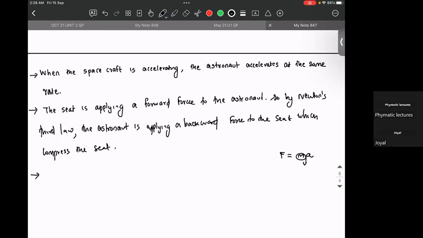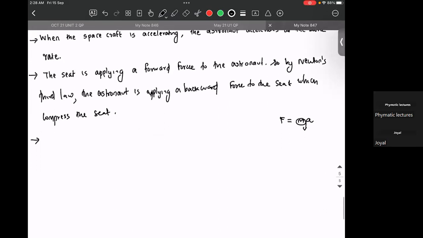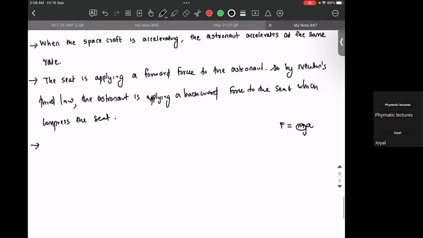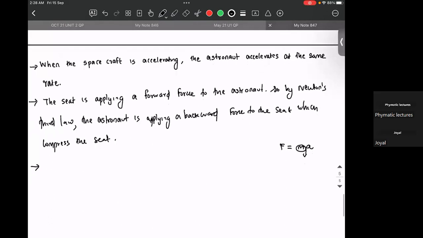But though the force is available for the astronaut due to the decompression, the force from the safety strap decelerates the astronaut. So these are the effects happening due to this process.